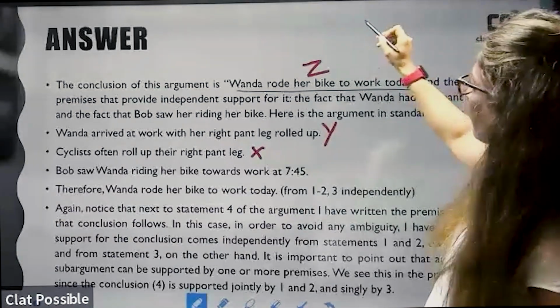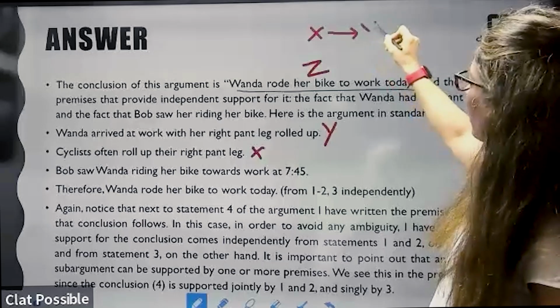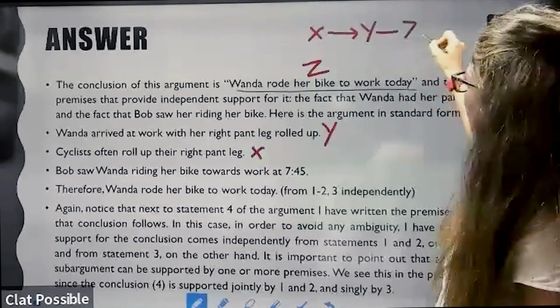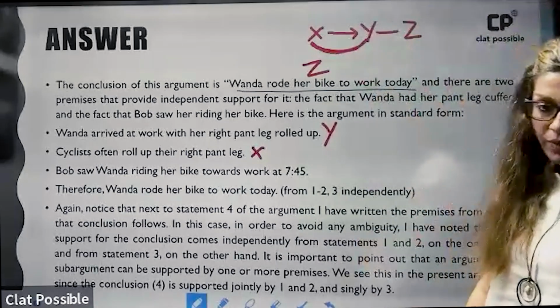So if we say that X, Y, then finally Z, so X and Y are needed together, they are related, isn't it?